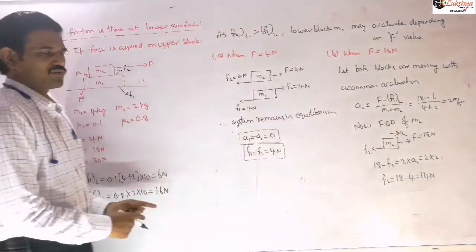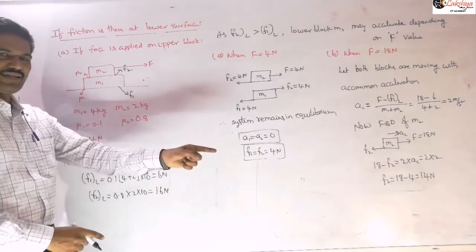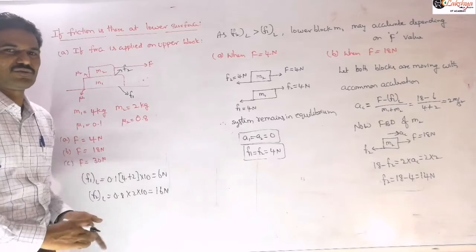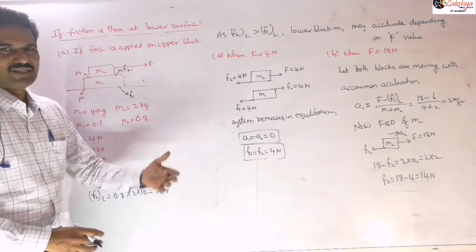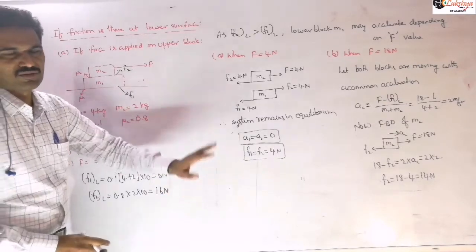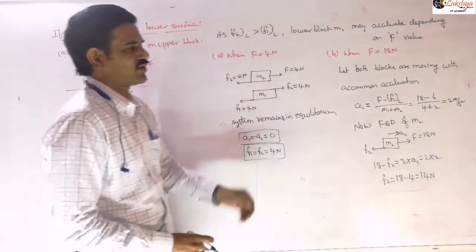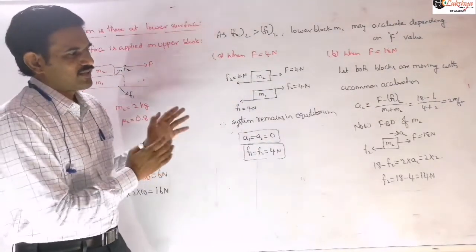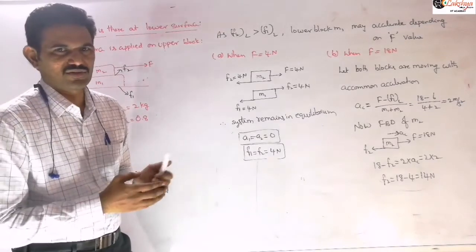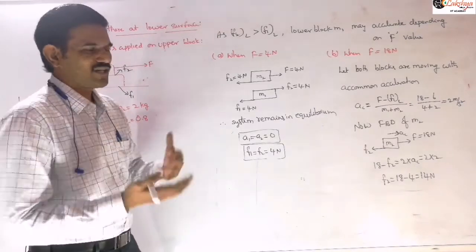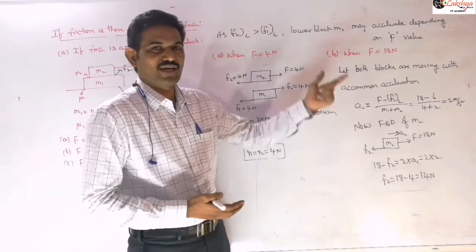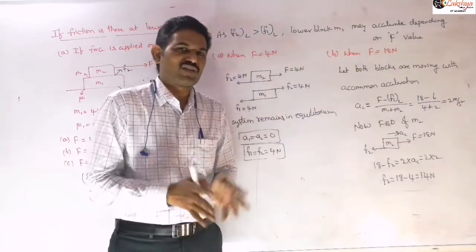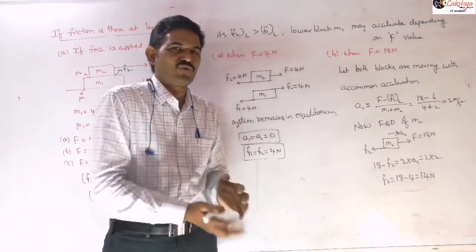Now you can observe that this frictional force is less than our limiting friction F2 limiting, so this acceleration is possible. That means this friction is possible so that the common acceleration is possible. And so the system is moving with this common acceleration, right? You may also check the acceleration of the lower block, whether you are getting 2 or not.